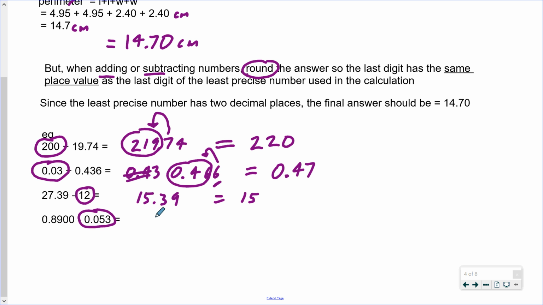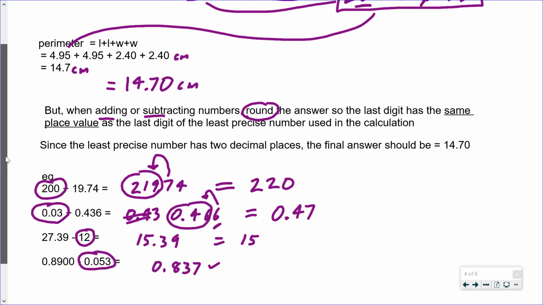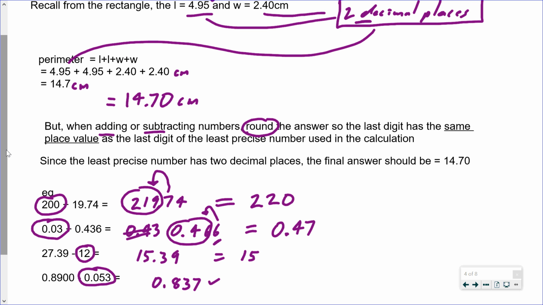And then this one that we have here, plug those numbers in, and we end up with 0.837, and that one is to 3 decimal places, as is our original number. So this one is fine the way that it is. So it is important for you to keep in mind that these are the rules for adding and subtracting numbers and rounding to the correct number of significant digits.